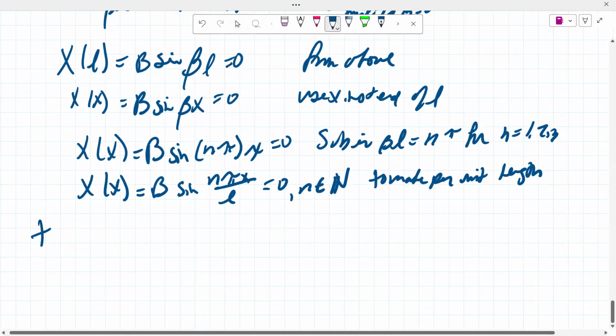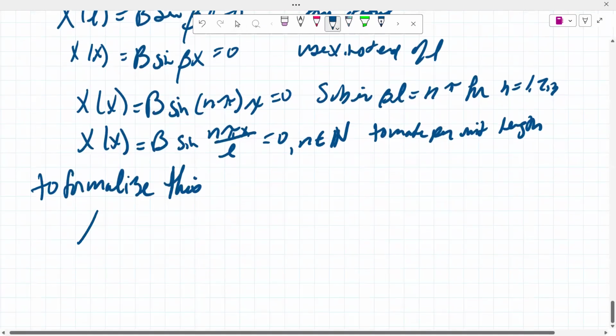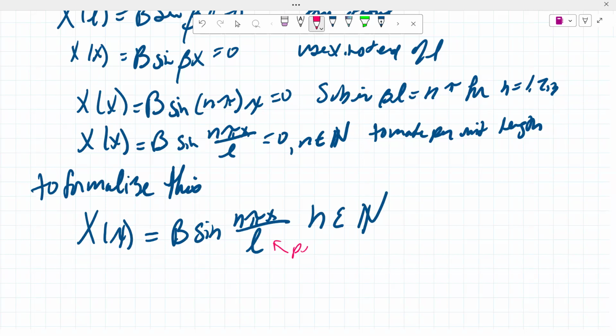So then, to formalize this, x of x equals b sine n pi x over L for n in the natural numbers. This means per length. What that means is the positional equation.